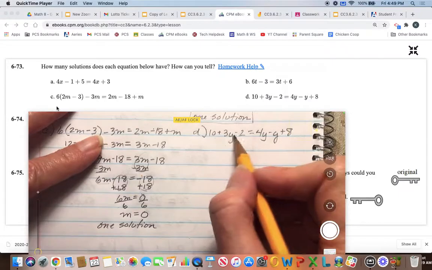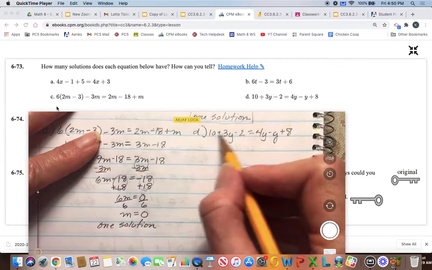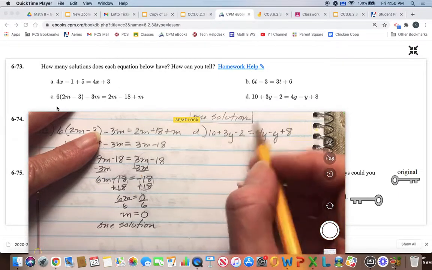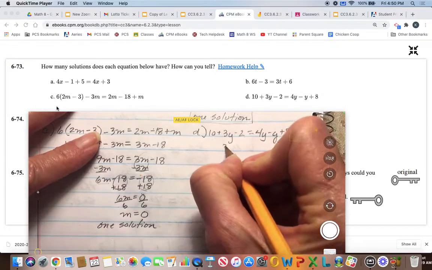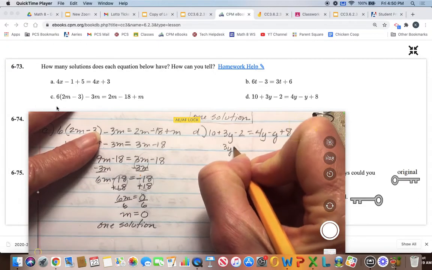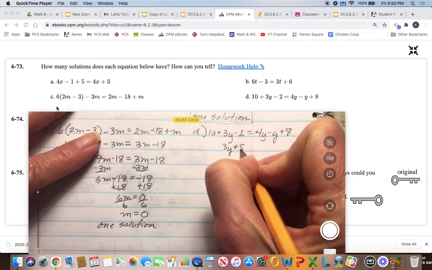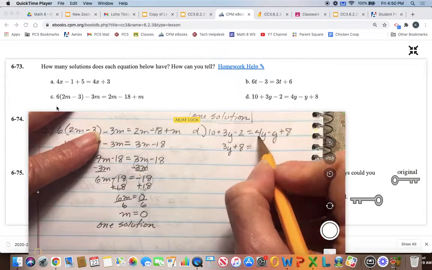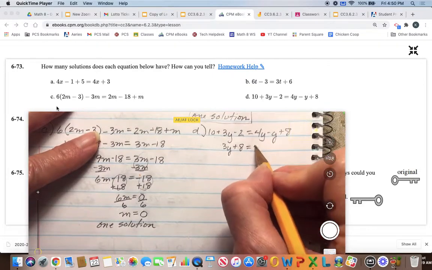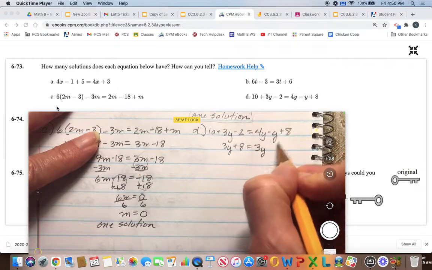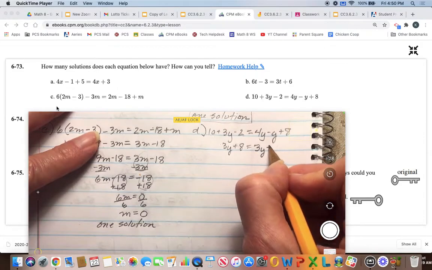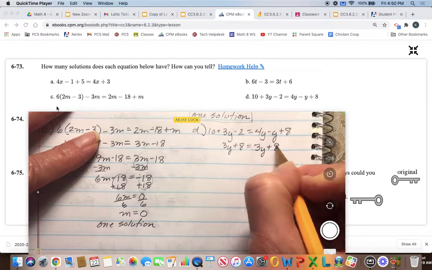All right. And it looks like we can combine some like terms on this side. 10 and negative 2 is 8. So we can rewrite this as 3y plus 8. And over here, 4y minus y is 3y. And then we'll just keep the plus 8 the same.